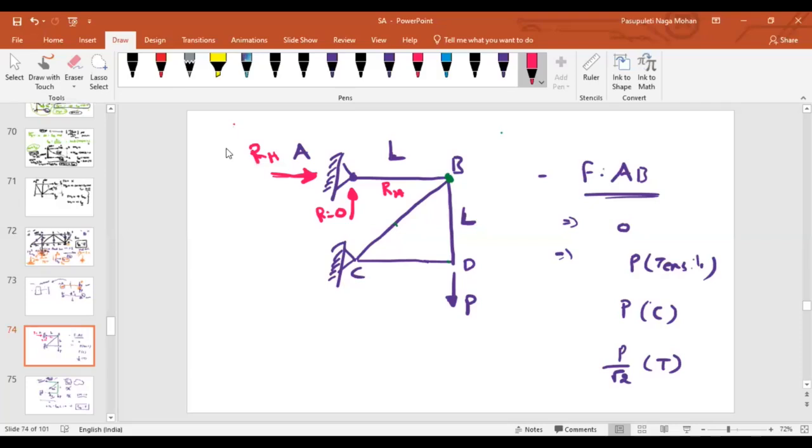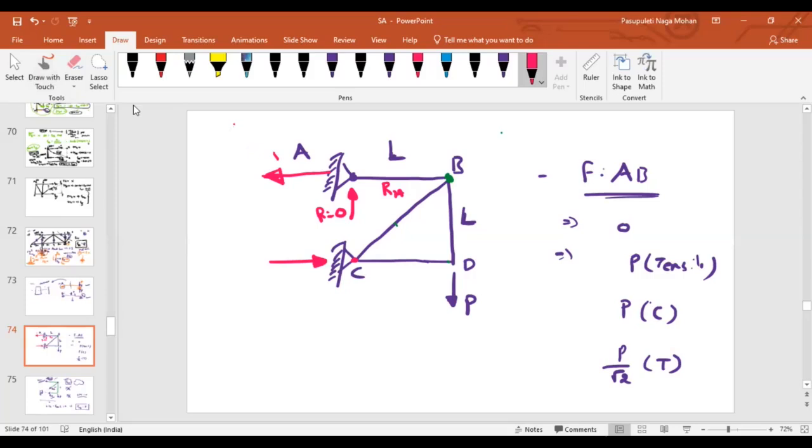Now see, because of this P, which moment is it generating? Of course, if you take equilibrium, it will be a clockwise moment, P into L. And an anti-clockwise moment should exist. For that, I should represent the reaction on the right side.